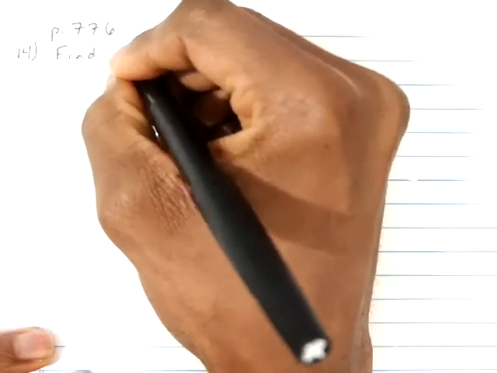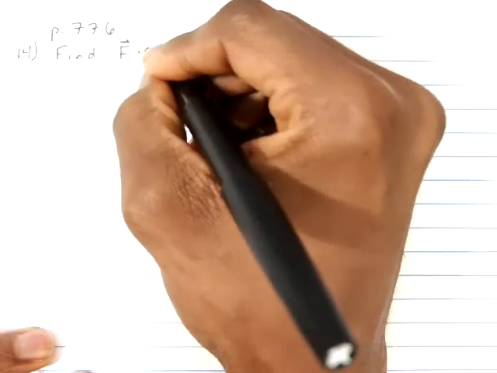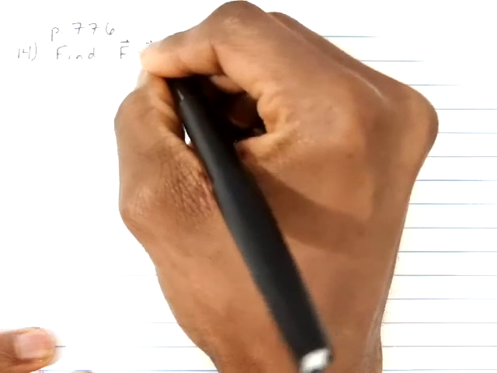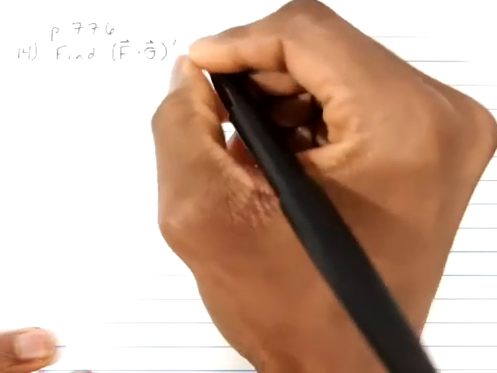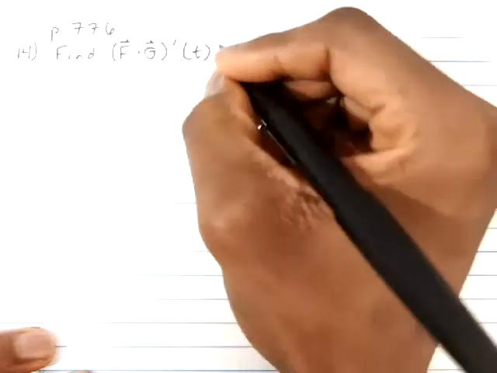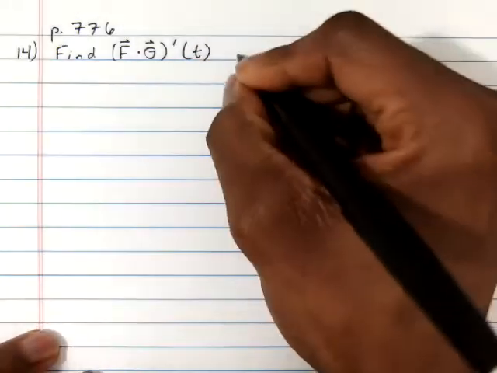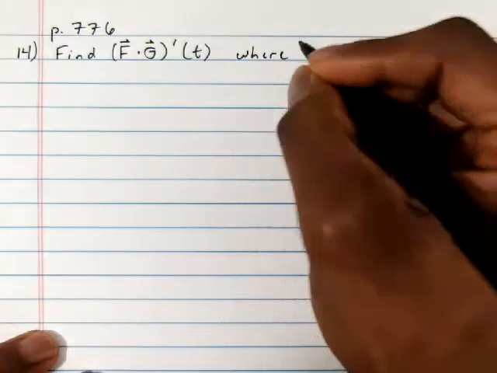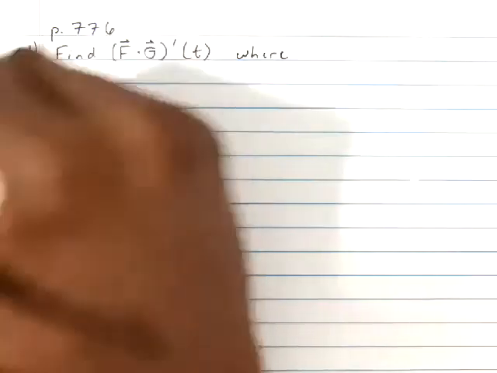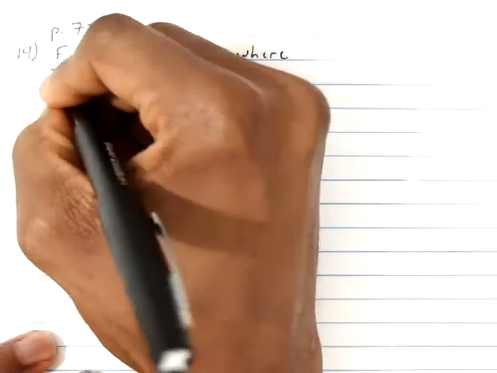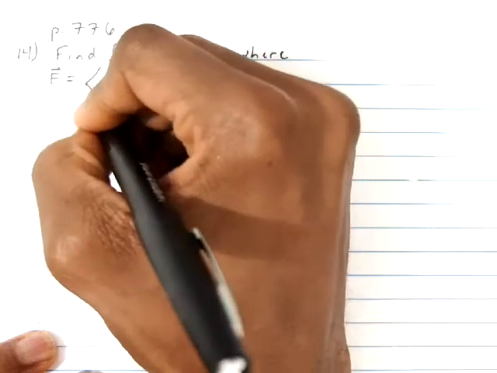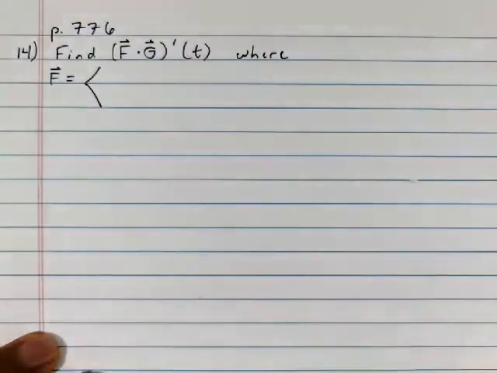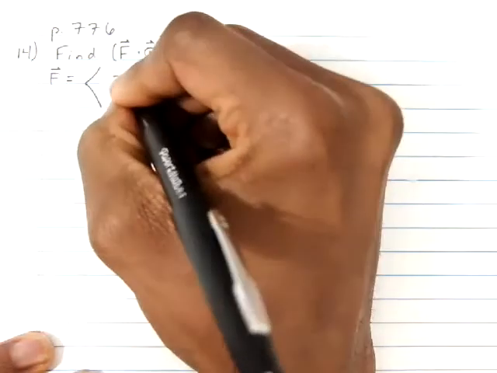So they want us to find the derivative of the function f dot g. So they want us to find this, where f is given by the vector whose first entry is negative 2t over the quantity 1 plus t squared.